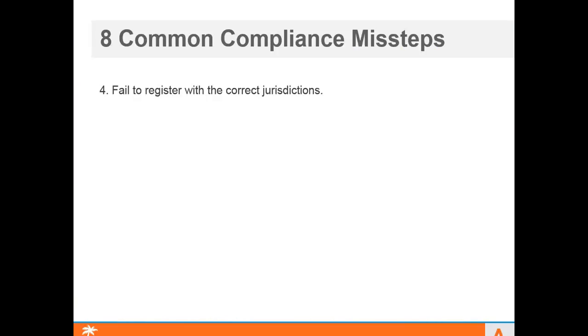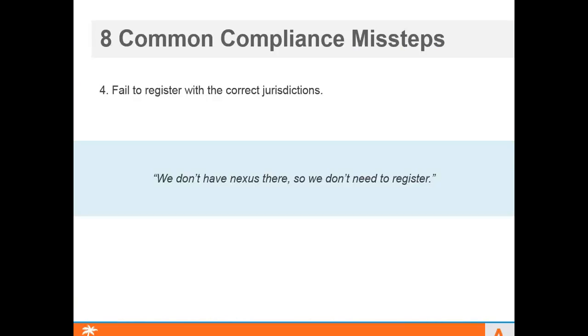Number four, fail to register with the correct jurisdiction. So the attitude could be, we don't have Nexus there, so we don't need to register. There can be fallacies in that, because the old rules are changing, and I'll talk a little bit about that down the road. Essentially, just because I don't have a physical presence there, meaning a warehouse or a satellite office, doesn't necessarily mean that I don't have Nexus in that area.